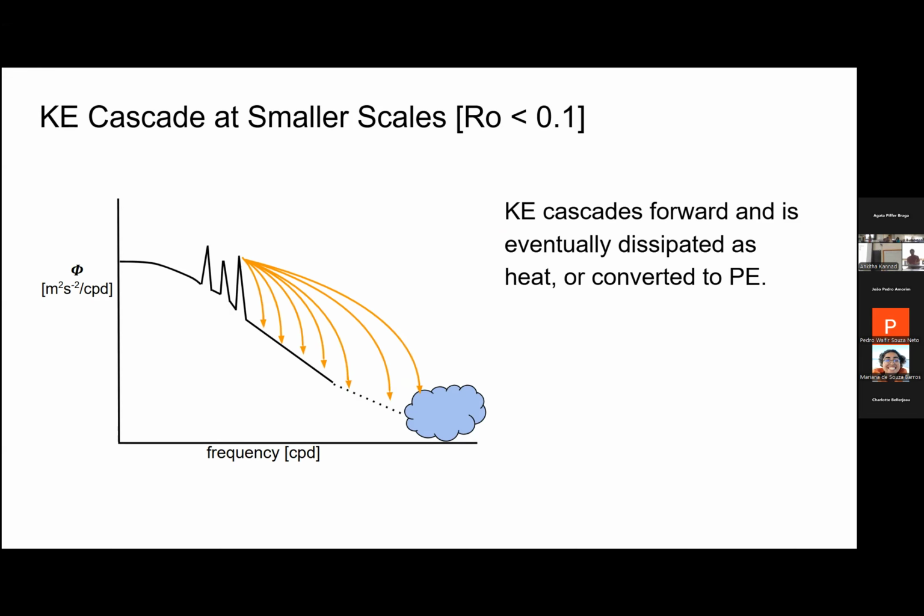And what happens at scales smaller than this is, in a time mean, you have kinetic energy cascading forward towards dissipation and then eventually being dissipated as heat or converted to potential energy. So all of the energy that transfers downscale either is dissipated by friction, mixing, like we've been talking about, or that energy goes into taking the deep water at the bottom of the ocean and moving it back up.